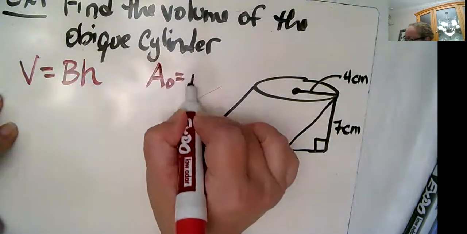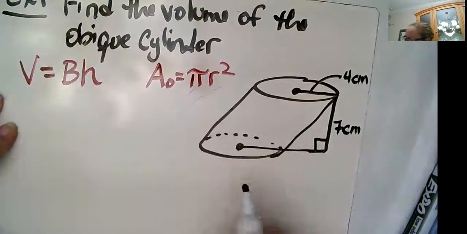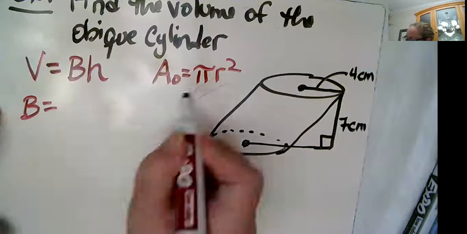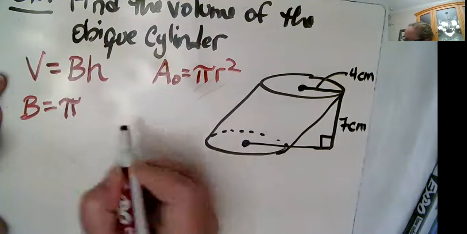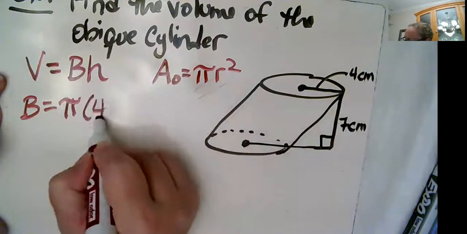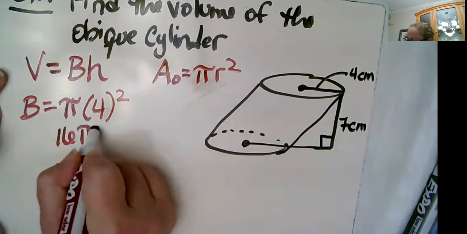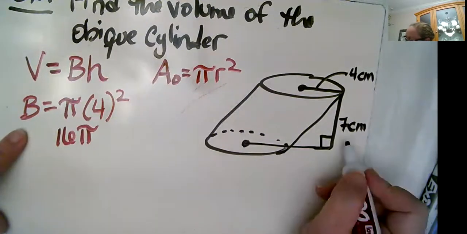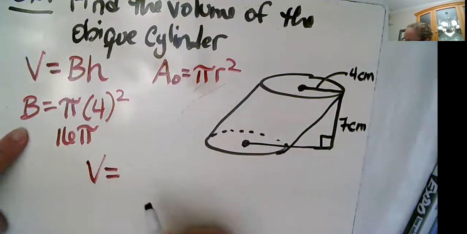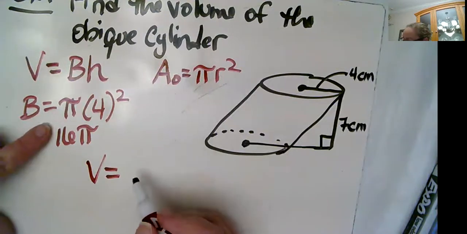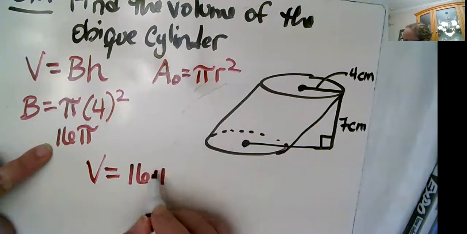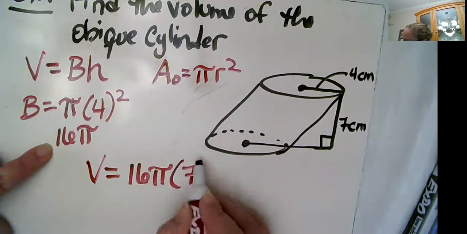So the area of a circle is pi r squared. So big B is equal to that, pi. The r is 4, and we square it. So it's 16 pi. Well, now we're going to enter the height because we want to know the whole volume. So the big B is 16 pi times the height.